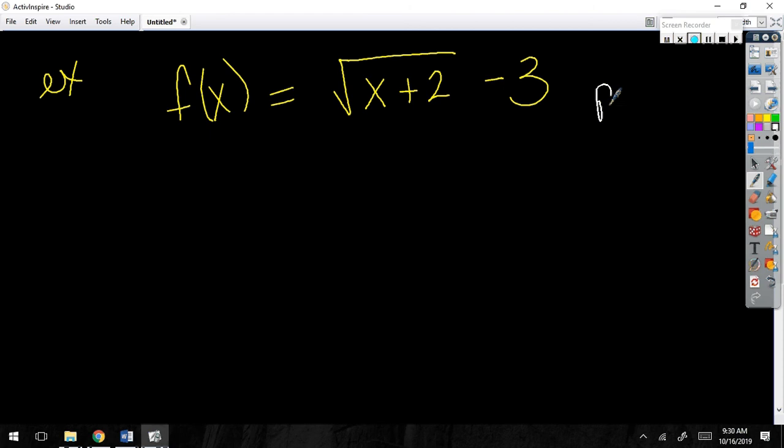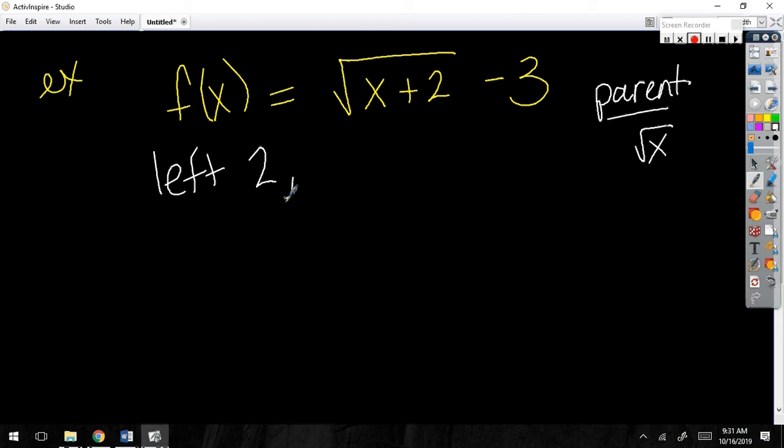My parent is before any transformations have been done. Tell me, how is this graph in yellow going to be different than the parent graph in white? What's being done? Remember, the x is opposite. It's going to go left 2 and down 3.